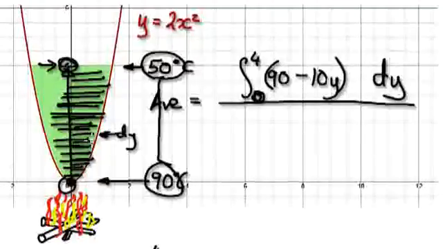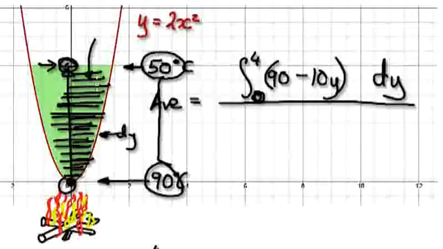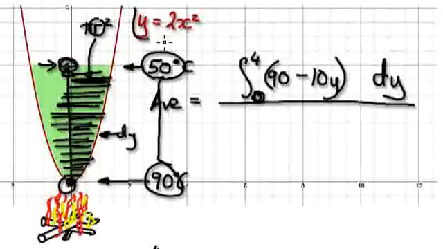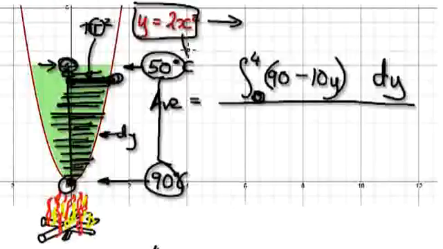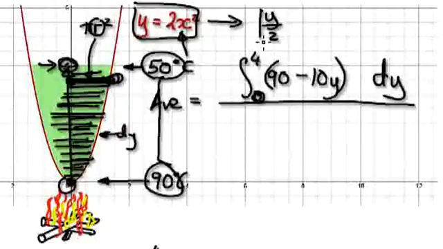Okay, so this here is your temperature, and then we've got to combine that with the area of the disk. So the area of the disk would be pi r squared. Well, this r here is really you looking at this and rearranging it. Remember, you want to know the distance from here to here. So that's really your x value here. So rearrange this so it looks like this, and then square root it.